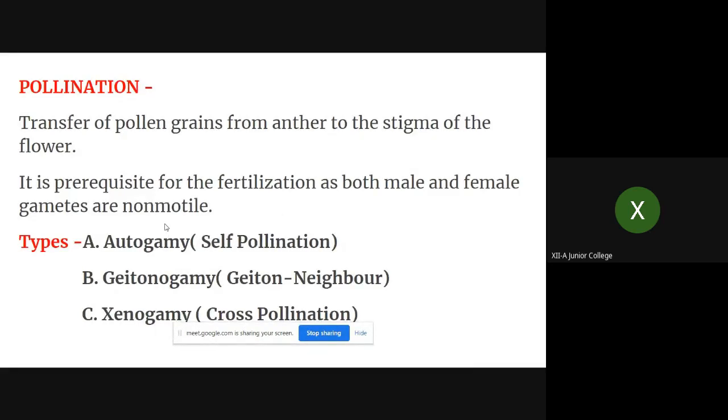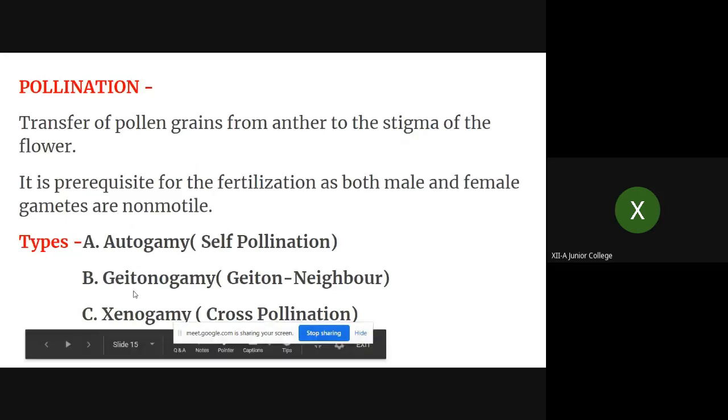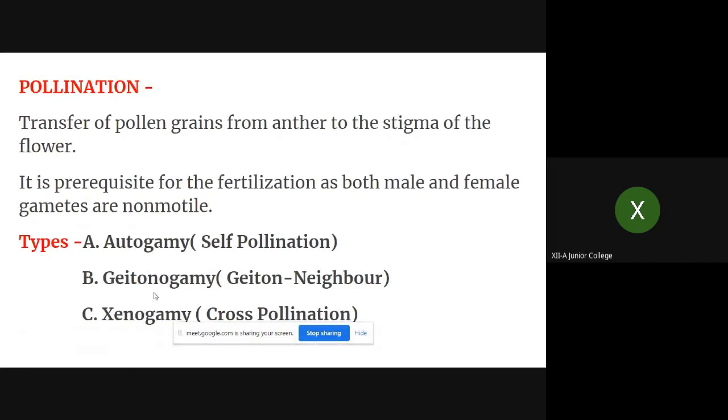Before that, we will come to the different types of pollination. Now first is what? Autogamy. Auto means self, and self pollination is known as autogamy. The second type is called geitonogamy. Geiton means neighbor. That means the transfer of pollen grains is from anthers to the stigma of the neighboring flower, that is called geitonogamy.